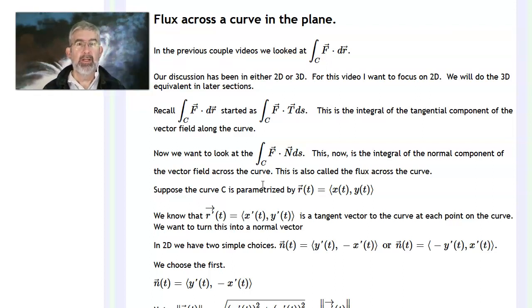And if you think about it in the plane, what you want to do is just wherever your tangent vector is, you just want to rotate it 90 degrees. Well, you could rotate it clockwise 90 degrees, or you could rotate it counterclockwise 90 degrees. And what we're doing is we're rotating it clockwise, right? In the sense that if I'm walking along a curve here, and so my nose is pointing in the direction of the tangent vector, right?